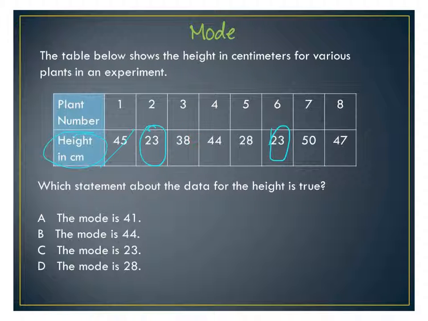The next one is 38. I do not see another 38. After that, I have a 44. There are no 44s. Then there is 28, which again, I don't see. And if I'm looking at the last 3, I can see that none of them occur anywhere else, so I can eliminate them as well. So the mode is 23.